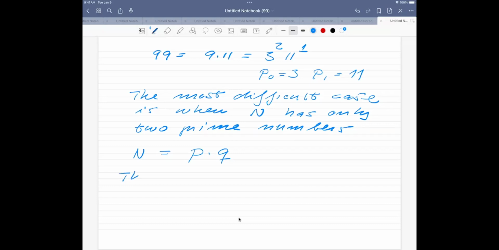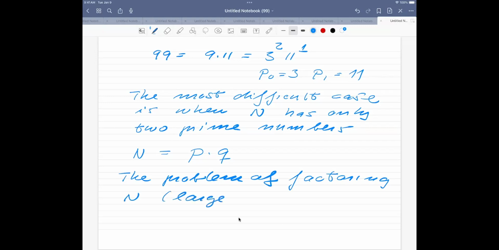So the problem of factoring n, so this could be a large number. Normally it is a large number.